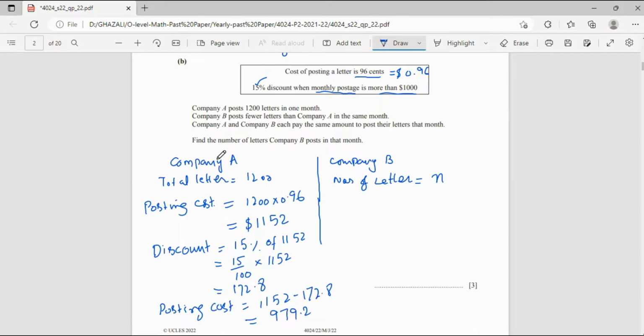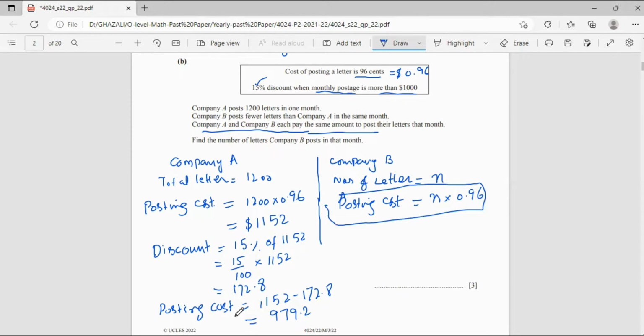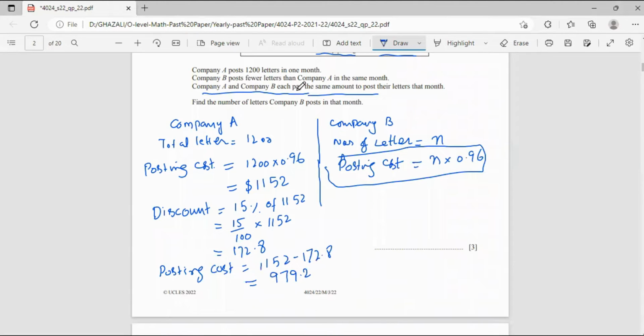Here the next statement: company A and B each pay the same amount to post. Here's the posting cost of company B. It would be n multiplied by 0.96, and that cost value is equal to the posting cost, because company A and B pay the same amount.